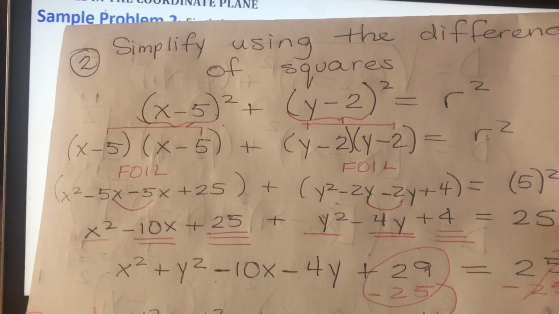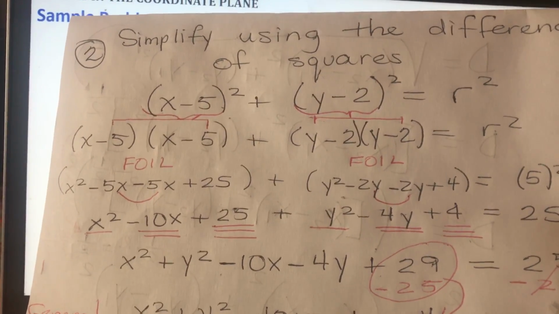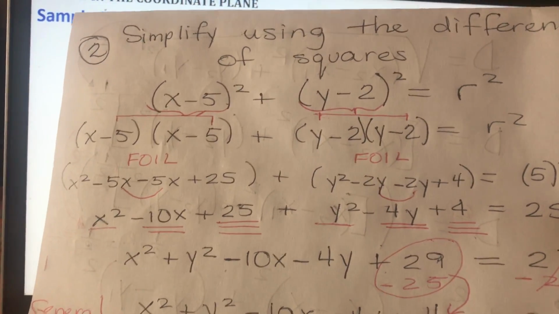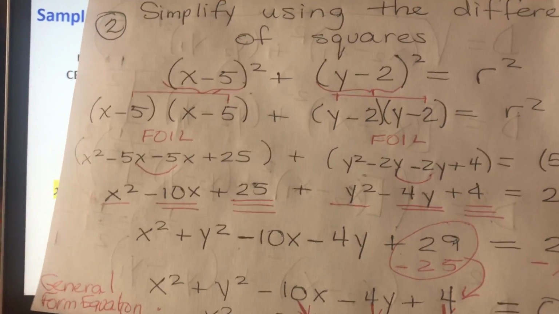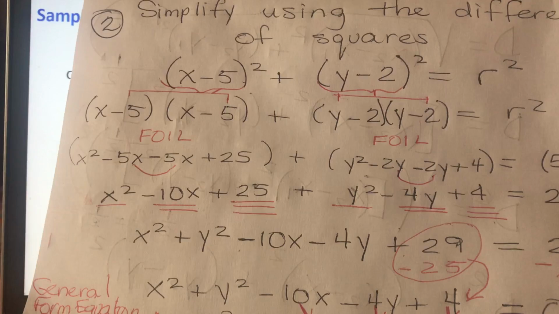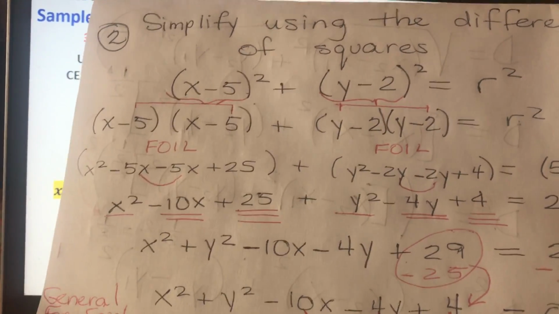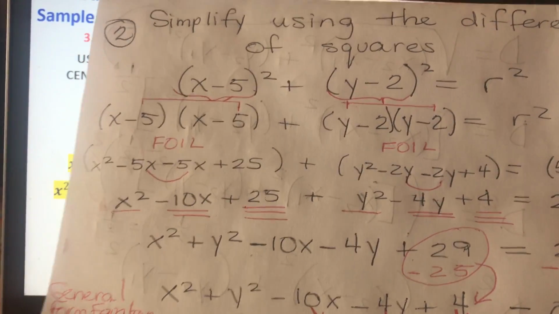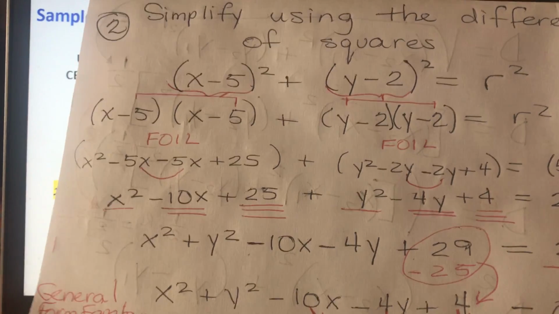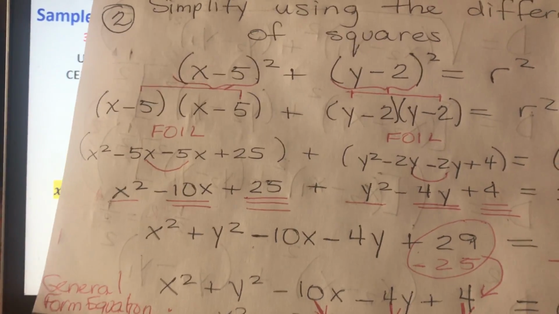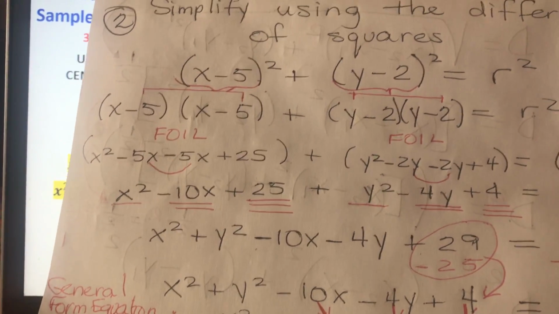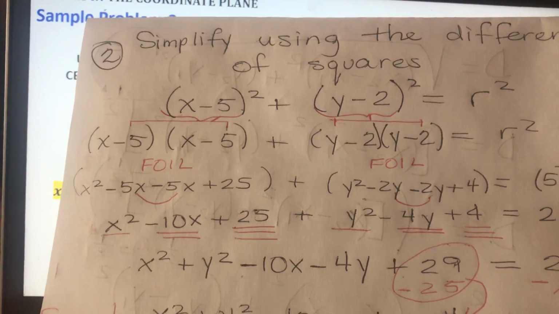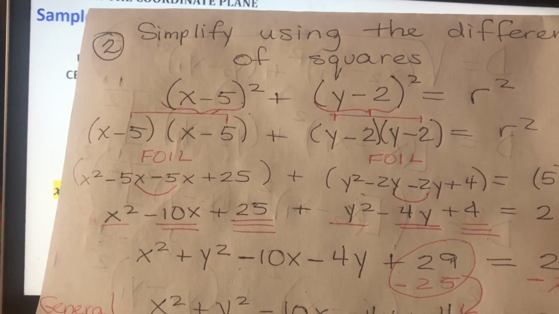So we continue simplifying, and now we take x² + y², the terms with a coefficient equal to 1. Then the terms -10x, -4y, and then our constant, which is 29.